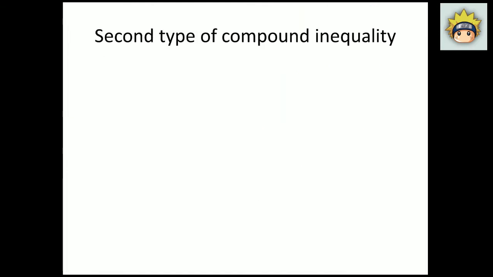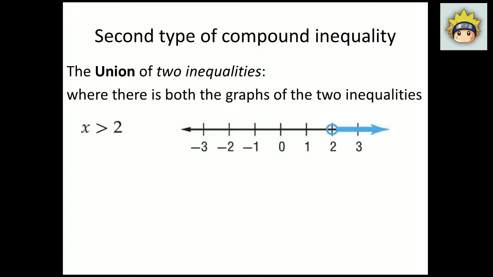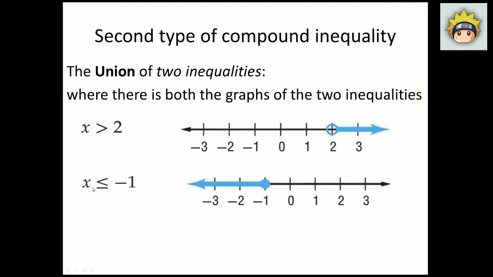Now, there is a second type of compound inequality. The union of two inequalities is where there is both the graph of the two inequalities, okay? So here's the first one: x is greater than 2. Do you see how it's open on 2 and goes all the way to the right? And x is less than or equal to negative 1.